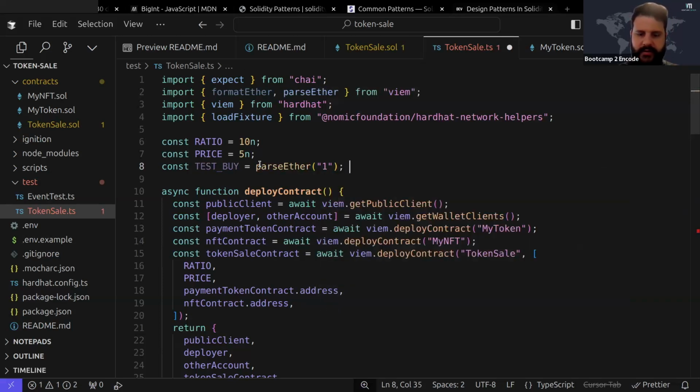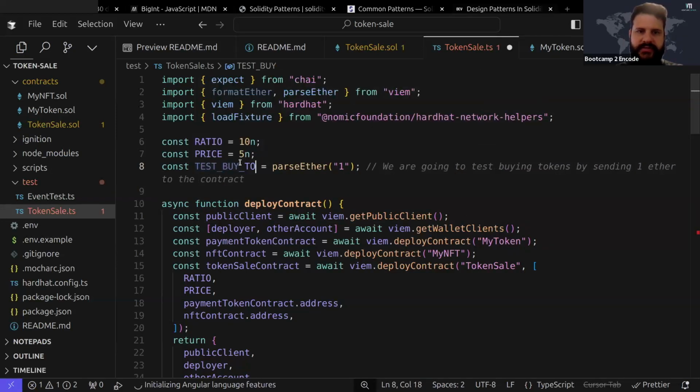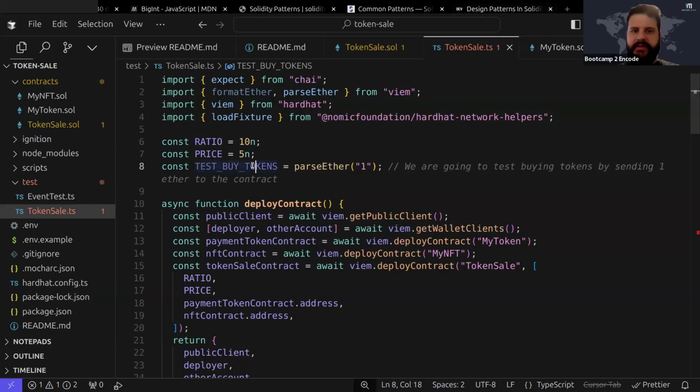So here we are going to test buying tokens by sending 1 ether to the contract. This is the test buy tokens.